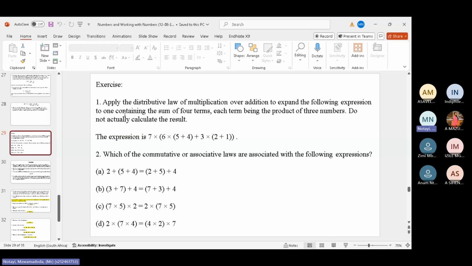I think we have already established the 4 terms, each term being the product of 3 numbers. This is where we were. We wanted to get the 3 numbers of each term.